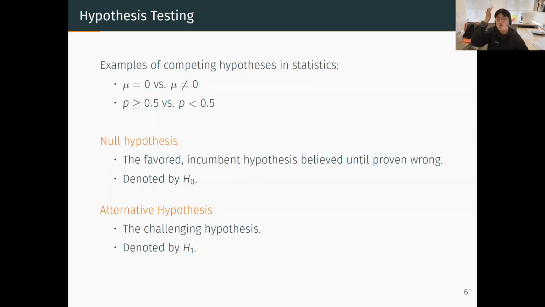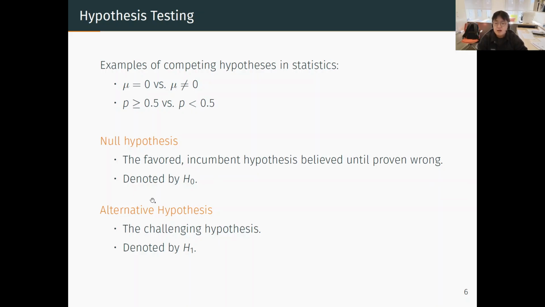So you have to believe the null hypothesis until you have enough evidence against it. That's the starting point. Usually it's denoted by hypothesis 0. It is called null hypothesis because you believe this hypothesis without any evidence. Just out of nothing, it's believed.